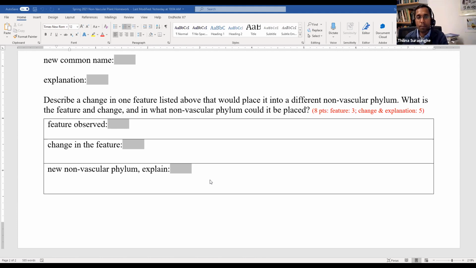Now, if you want to be more ambitious, research yourself about the 3 phyla and pick other characters, that's completely fine. It's completely up to you what feature you are picking, and completely up to you to change the phylum assignment, right? So, I provided you 3 examples already.